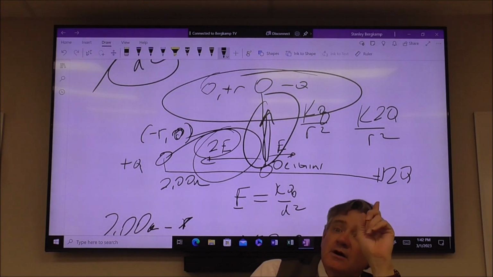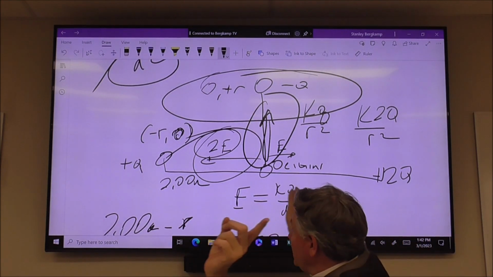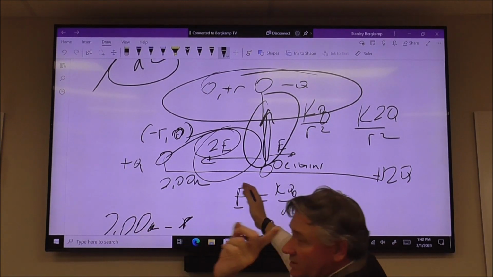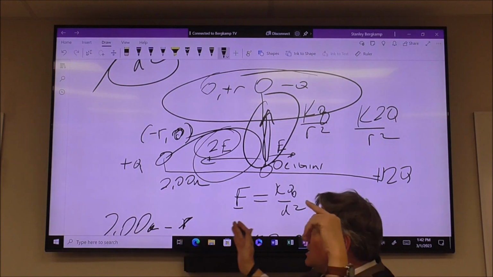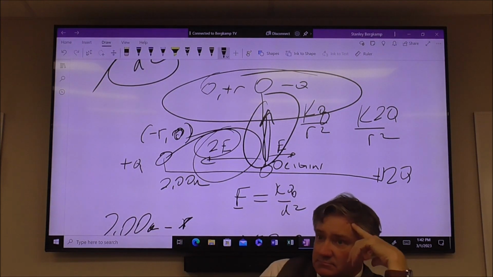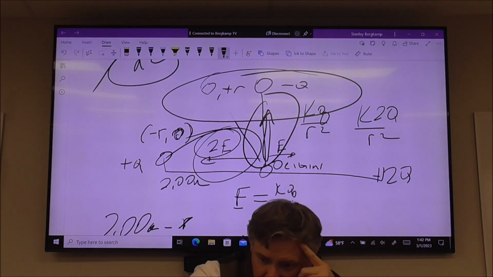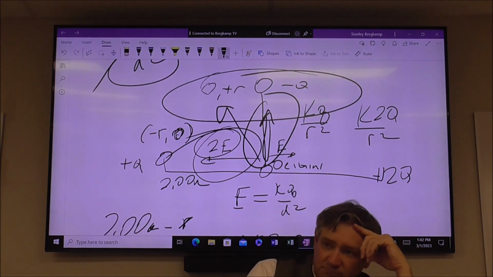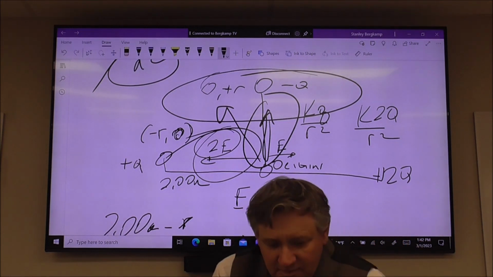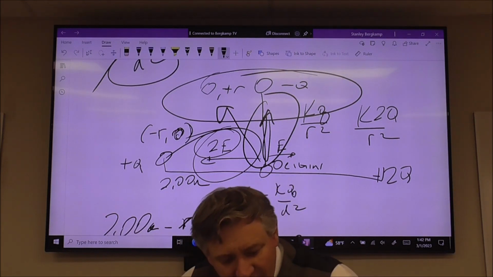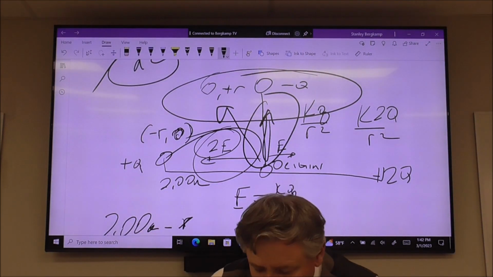A component pointing to the left. So what's going to be the direction of my net electric field? Somewhere up and to the left. A 45 degree angle. True? Yes. Good with that? Okay. So with all of that said, then you want to determine the value of the magnetic field at that point.